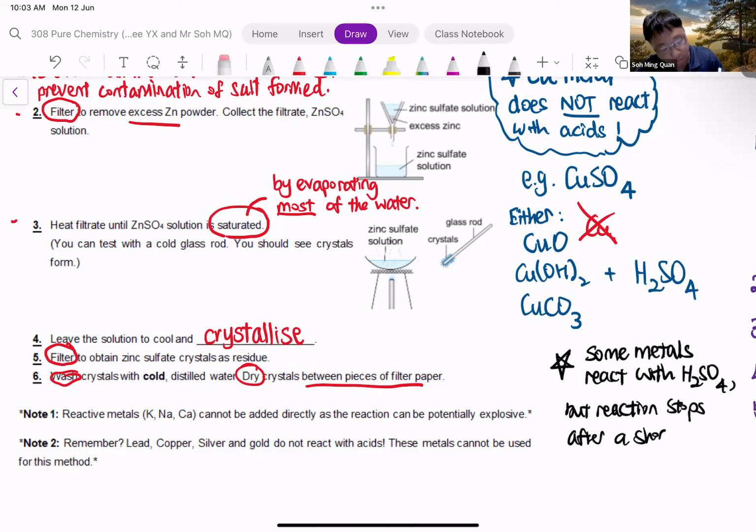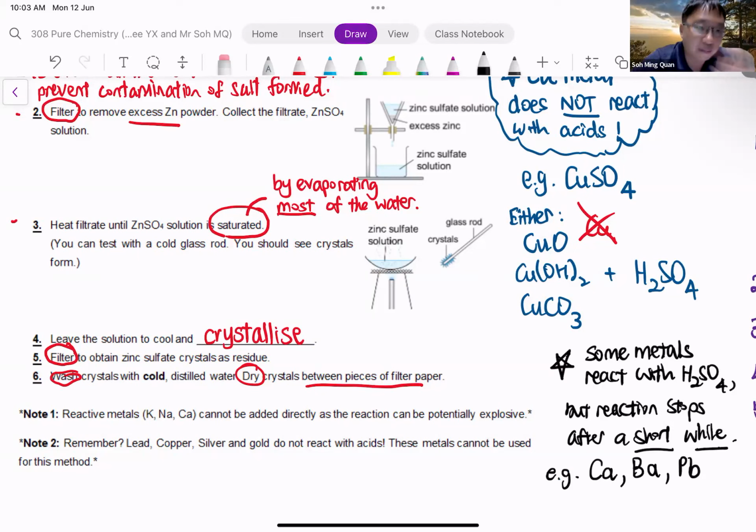Okay, so if you have practiced the papers given to you so far, you would have seen this a number of times. There are some metals that actually react with sulfuric acid. However, the reaction stops after a short while. These metals are like calcium, barium, lead. So just by naming these metals, you can already predict why.